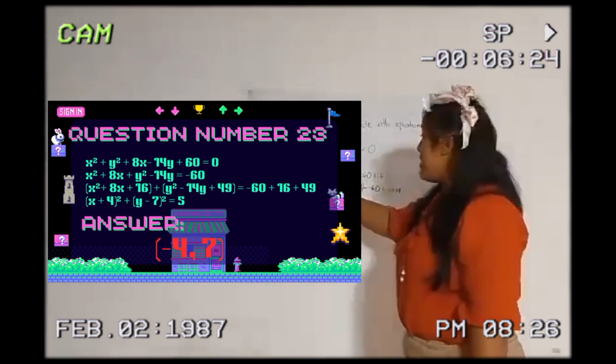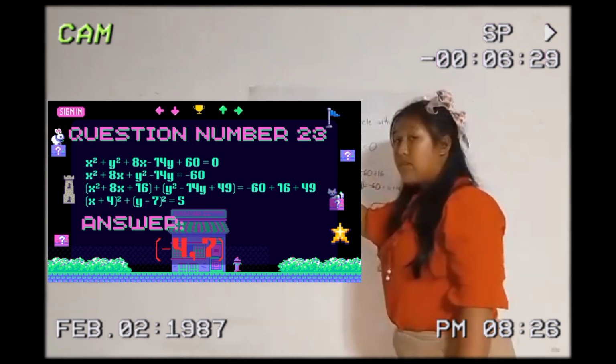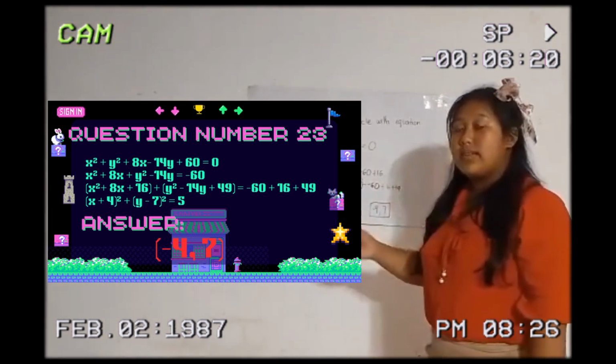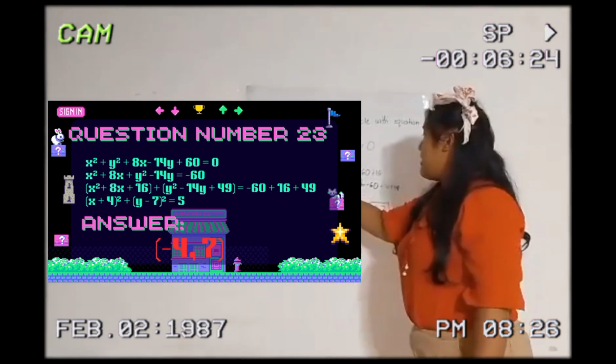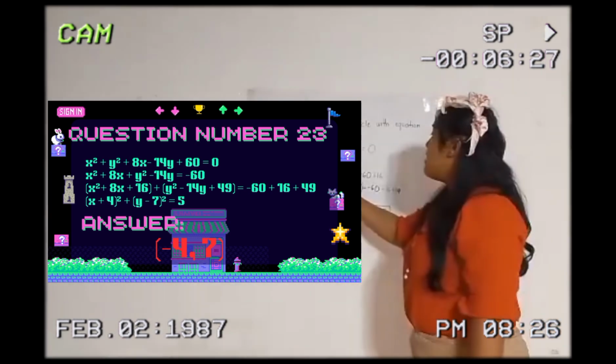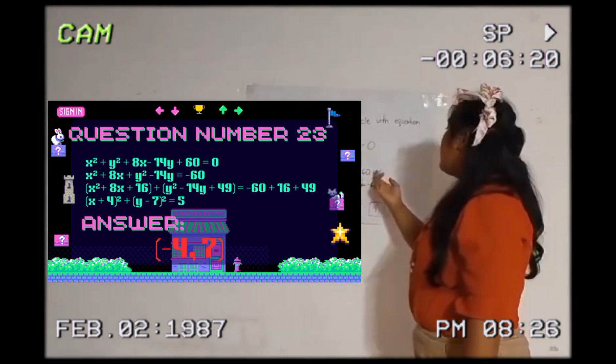We get 16 because half of 8 is 4, and 4 times 4 equals 16. Then plus y squared minus 14y equals negative 60 plus 16.